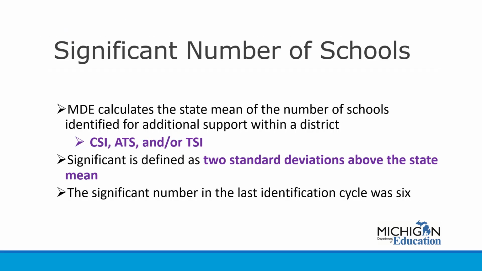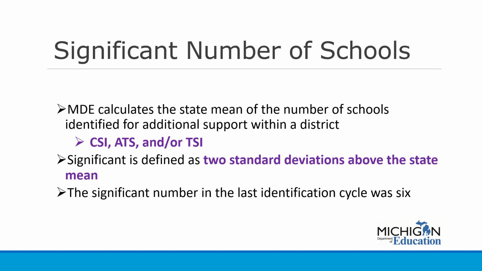A significant number is determined by identifying the number of identified CSI, ATS, and/or TSI schools within a district. Michigan defines significant as being 2 standard deviations or more from the mean of a data set.